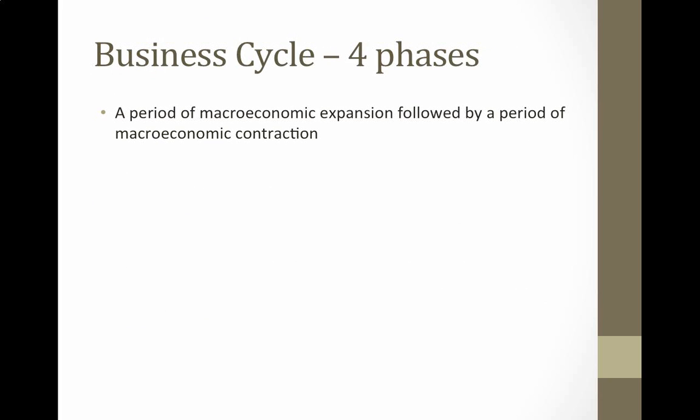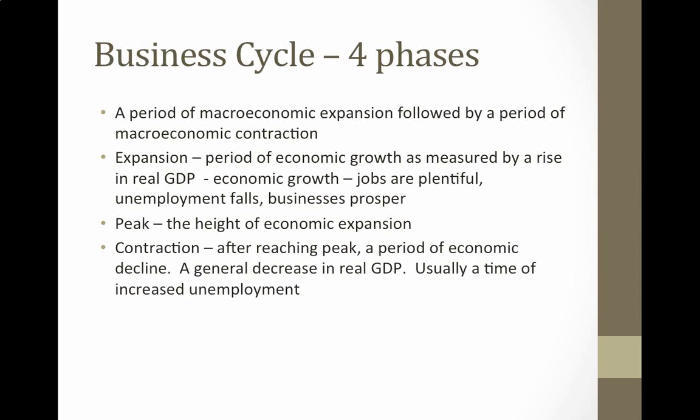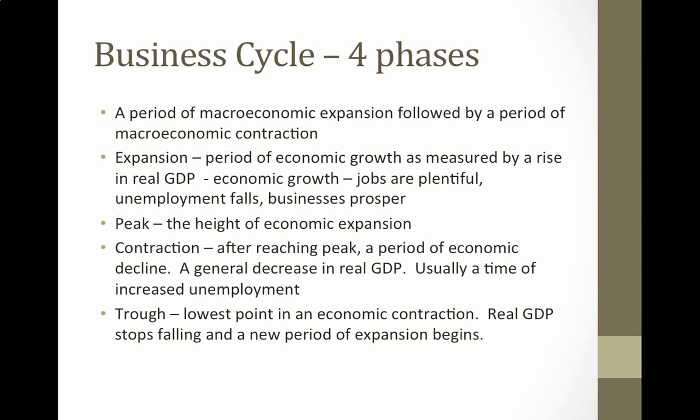We have 4 business cycle phases, and a business cycle is a period of macroeconomic expansion followed by a period of contraction. Expansion is where we're seeing economic growth, jobs are plentiful, unemployment tends to fall. Peak is at the highest point of that expansion. After a peak, obviously, we have to go back down. That's called a contraction, usually times of increased unemployment. And the bottom part of a contraction is called a trough, or the lowest part.